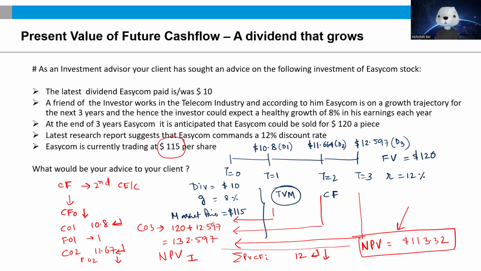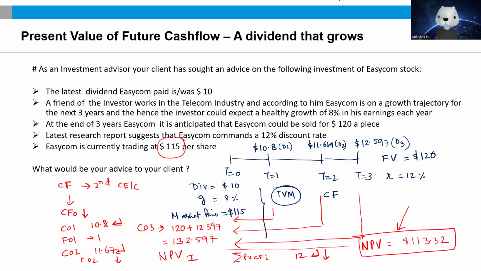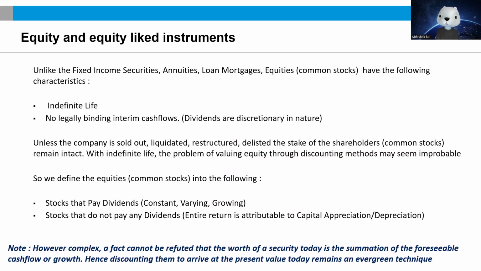Mind you, in the couple of examples that we have done previously, I deliberately gave you an exit value at the end of the given tenor, which was the holding period of the investment horizon, estimated to be some finite value. Well, in real life, estimating that final value of 120 or 130, whatever value was given, is not going to be that straightforward.